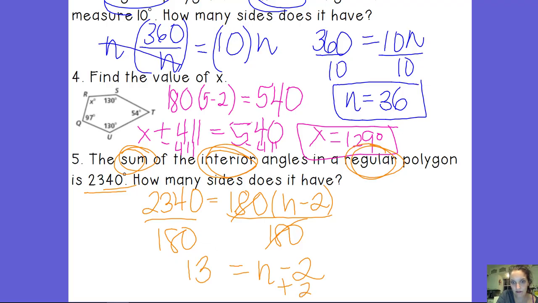Then I just add 2. N is not 5, n is 15. 13 plus 2 is 15. This is a 15-sided polygon. So it actually doesn't matter that we told you it was regular. That's distracting information, because we're talking about the sum, and the sum formula is 180 times n minus 2.